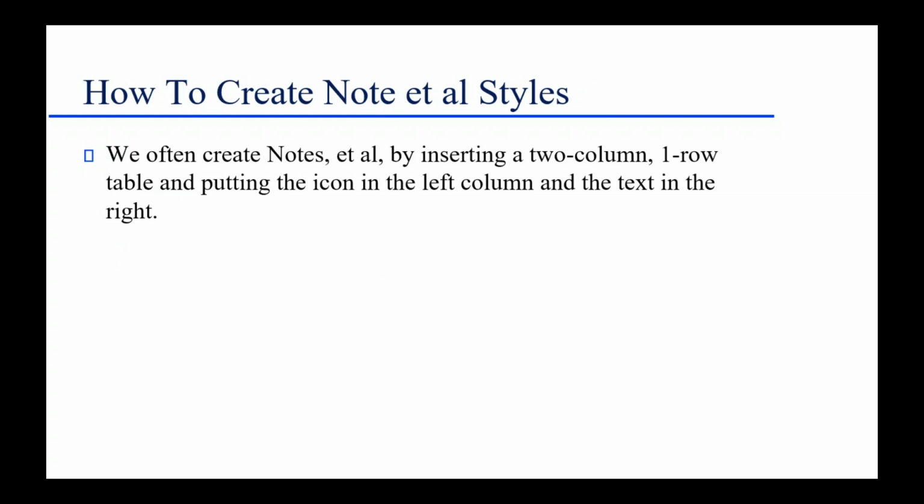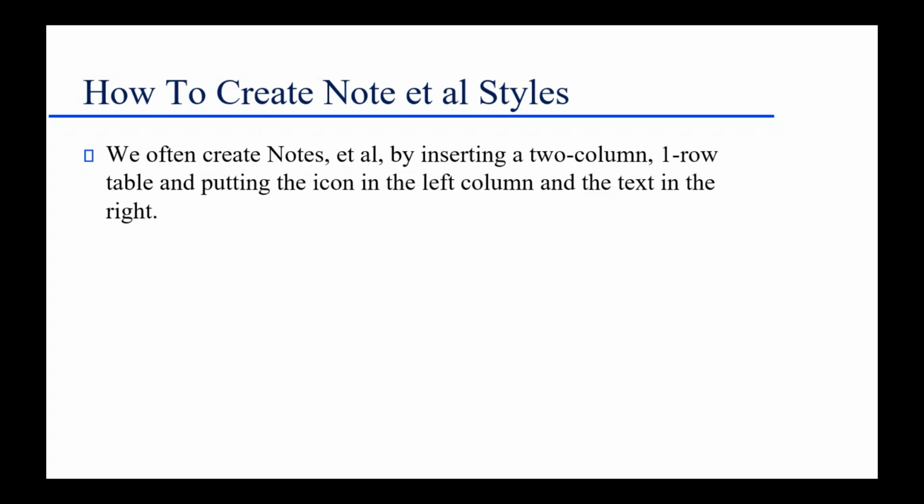All right, and the last cool trick that I'll show you is how to create note styles. Because we often create notes, tips, cautions, warnings, and other such items, collectively they're sometimes called user notifications.